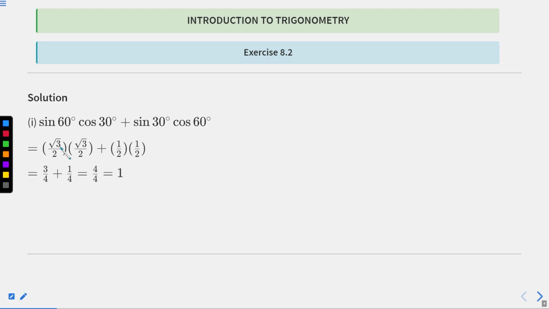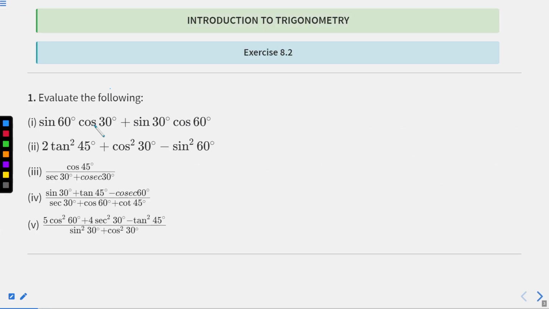So after substituting the values of sine 60 degree, cos 30 degree, sine 30 degree, and cos 60 degree, we get the value of the expression: sine 60 degree into cos 30 degree plus sine 30 degree into cos 60 degree is equal to 1.